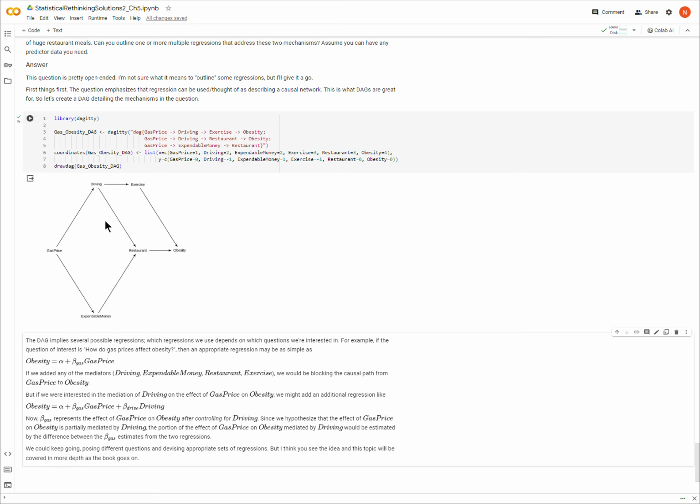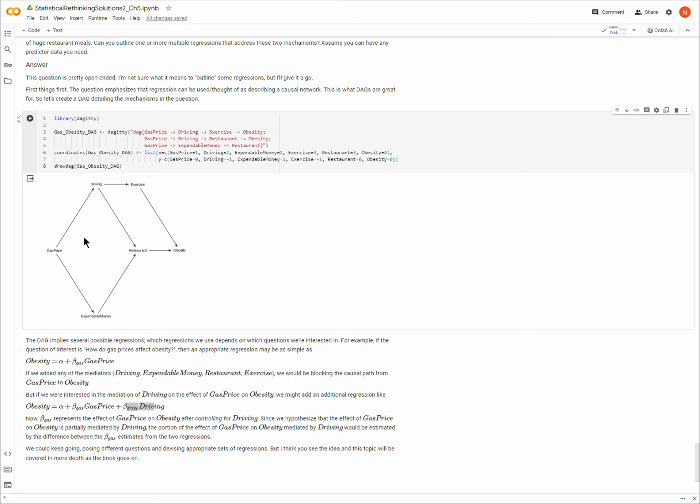And because we are hypothesizing that our model is that driving is a mediating variable for gas prices, well then this beta gas coefficient is going to be the effect of gas prices on obesity after I've already accounted for the effect of driving, right? So in other words, by adding this driving term in here, I've blocked all of the paths that start from gas price and go to driving, right? And so now the only paths available for the beta term for gas price to affect obesity is this indirect path, okay?